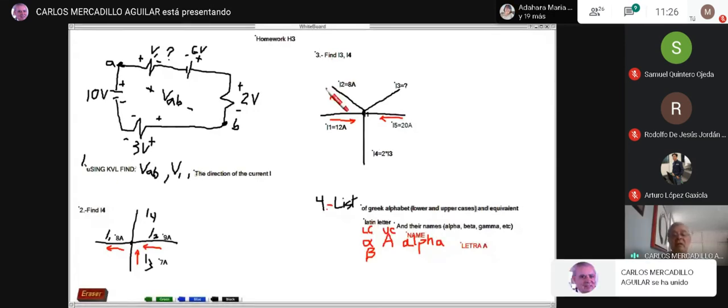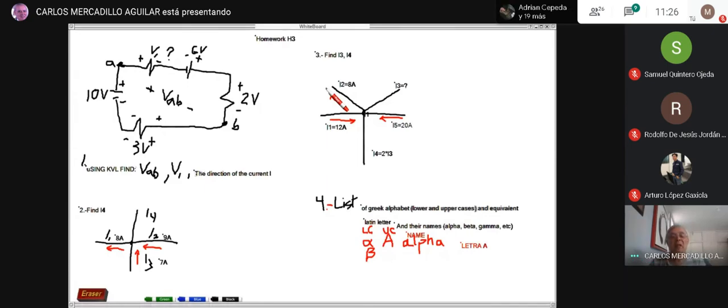I'm sorry for the handwriting. In this case, the first problem is here. This is the second problem. This is the third problem.